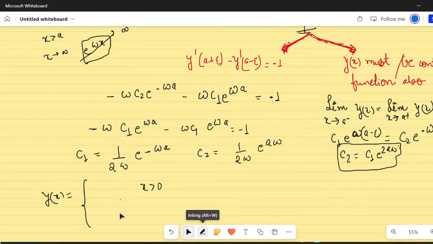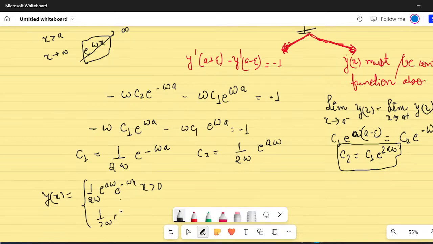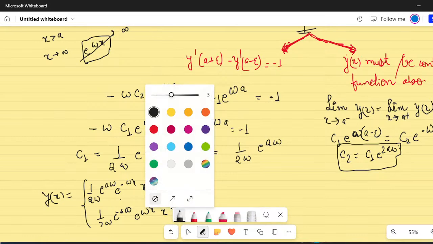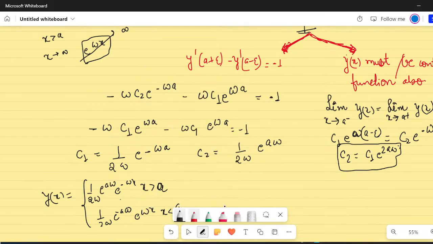C2, so I'll write C2 as this, into e to the power minus omega x, and here I'll write e to the power a minus a omega, and here I'll write e to the power omega x. This is for x greater than a, and this is for x less than a. Okay, clear? I hope it is clear.